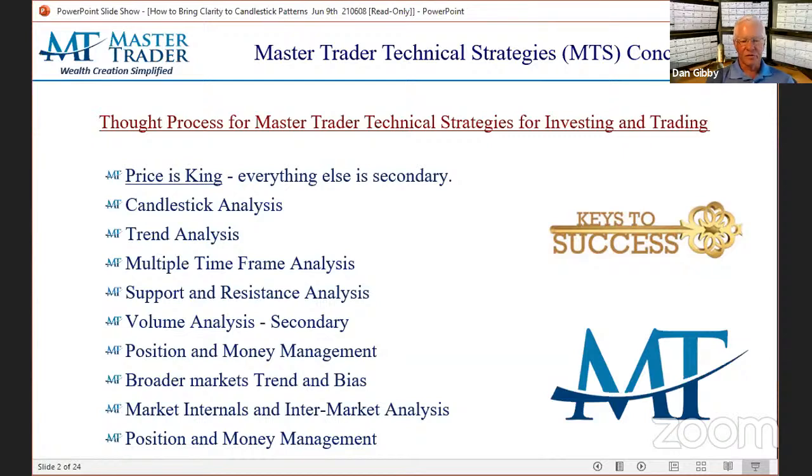This is our approach. There's many ways to skin the cat for success in the financial markets, as I say. And as long as you are consistently and objectively profitable and successful with proper money management, then I say you have a good system. This is our approach. Every time you hear Greg and me talk about a chart, you're going to hear us talking about these concepts because the concepts combined is what makes up our method.